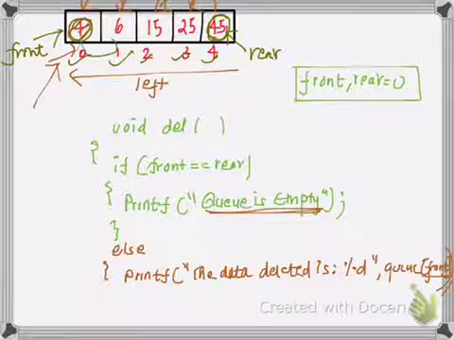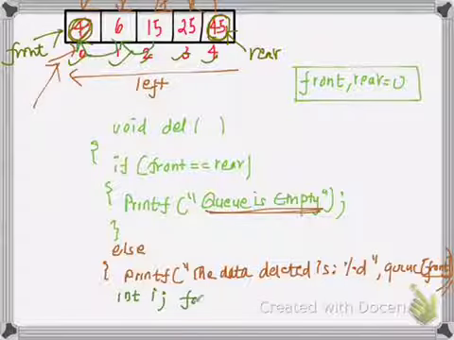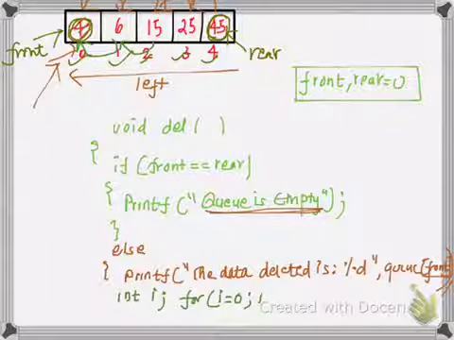I mean 6 comes to the position where 4 was initially, 15 comes to the position where 6 was initially, and so on. So for that I'm going to declare one more variable of type int i, and for that I'm going to apply a loop.